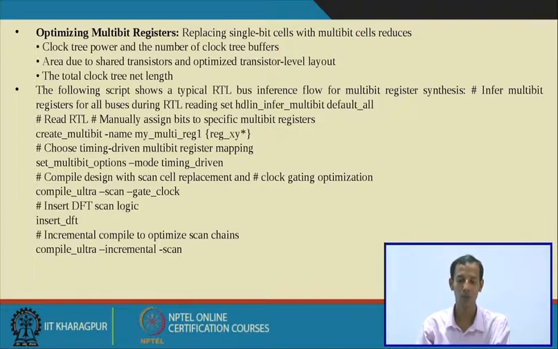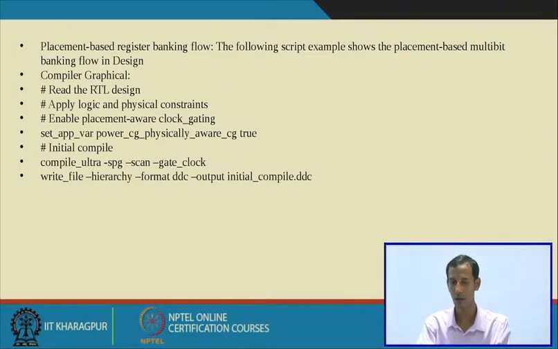Then you just run this command, compile_ultra -scan -gate_clock. So clock gating will be inserted, and then insert DFT scan logic, then compile in the incremental mode with this scan chain inserted.